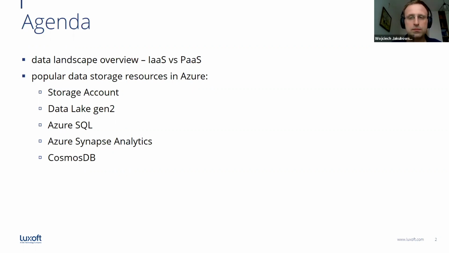Since this is a very broad topic and each of these offerings deserve their own really thick book, due to limited time, I'll focus on a high-level overview, capabilities, most important and notable features. I'm not going to give any demos or code-based walkthroughs. It would be more like an overview of available offerings and their capabilities.